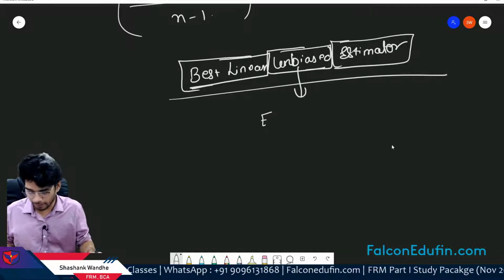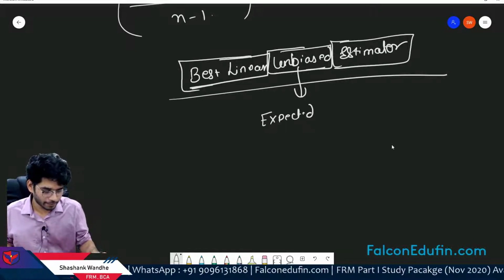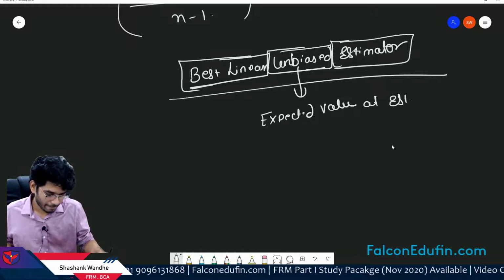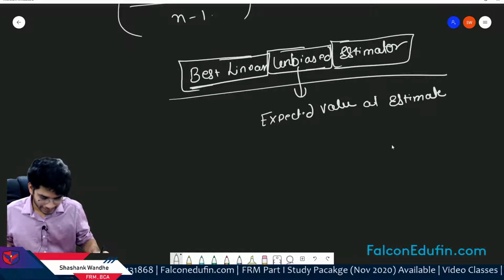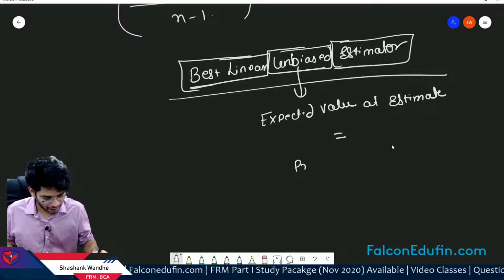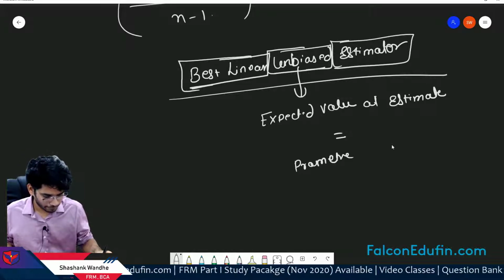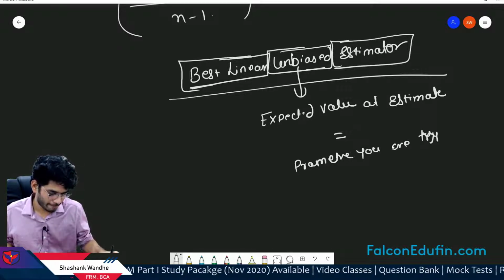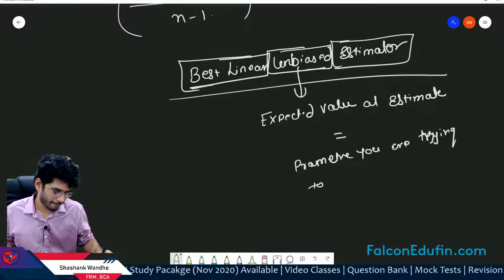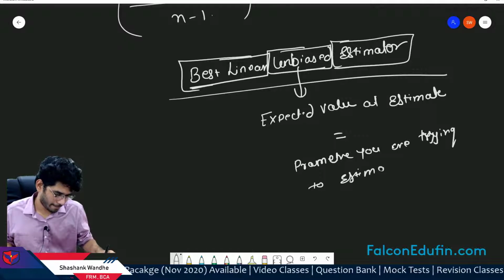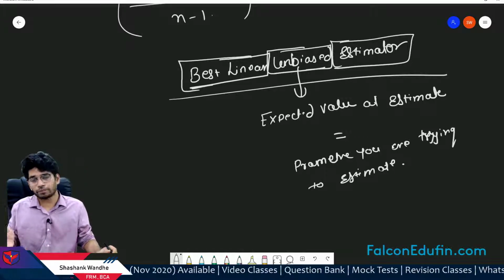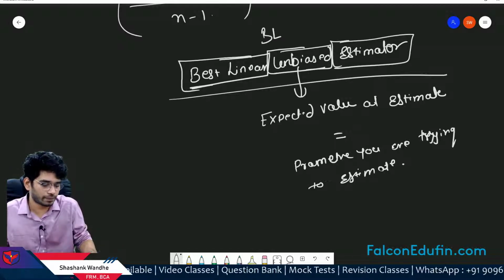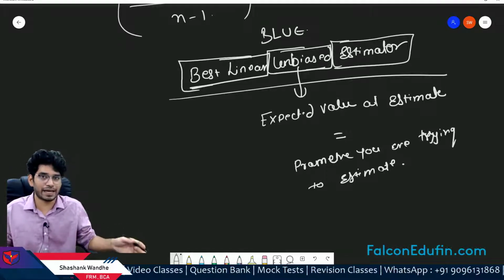Unbiased means expected value of estimate is equal to the parameter you are trying to estimate. Okay, so mean is your BLUE, this particular term known as best linear unbiased estimator.